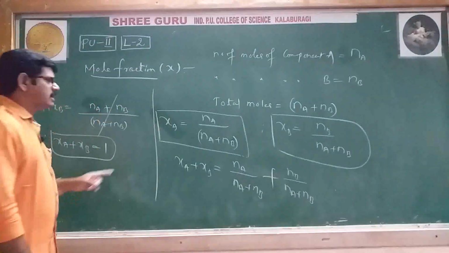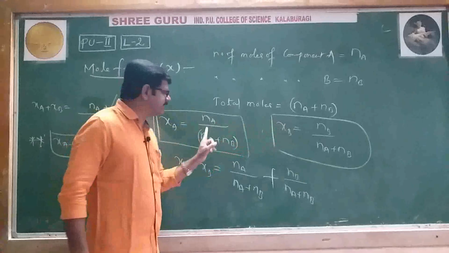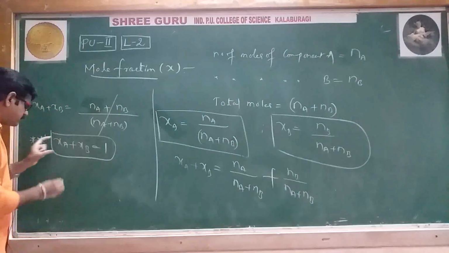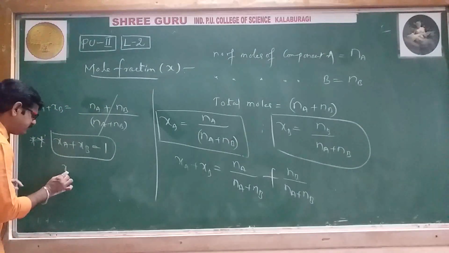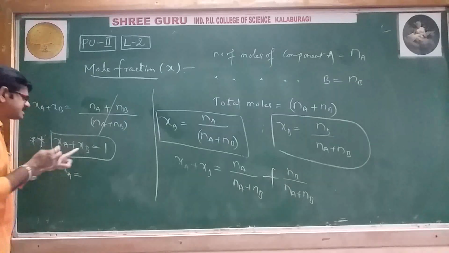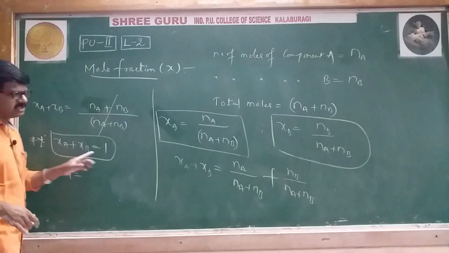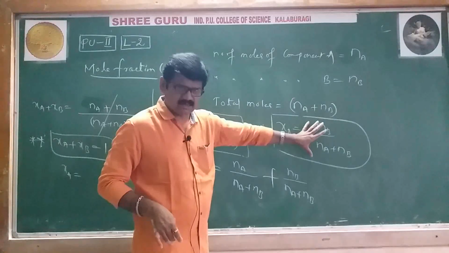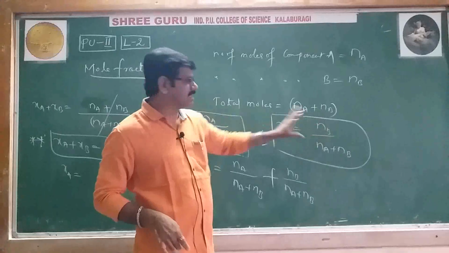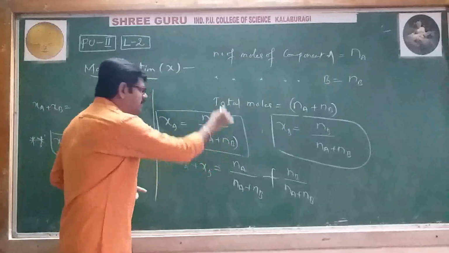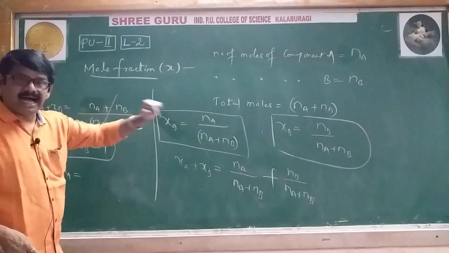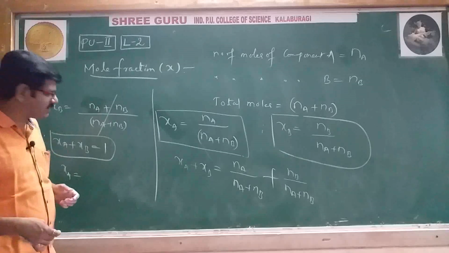No need to calculate each one individually. Suppose the xb value is already calculated with the help of this formula, then we can directly calculate xa. No need to use this formula. One value known, the other value we can calculate directly.